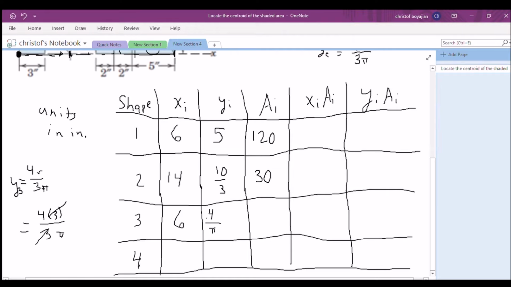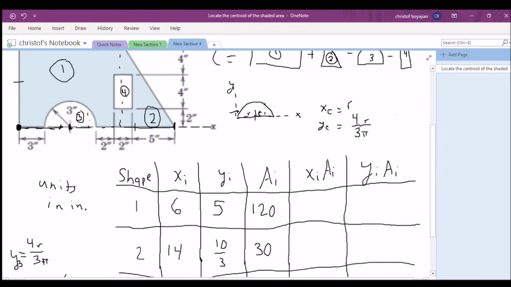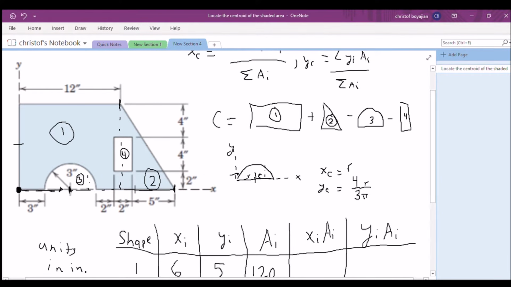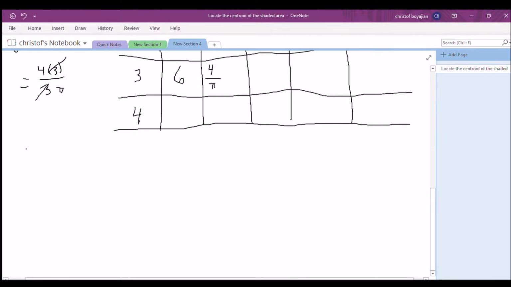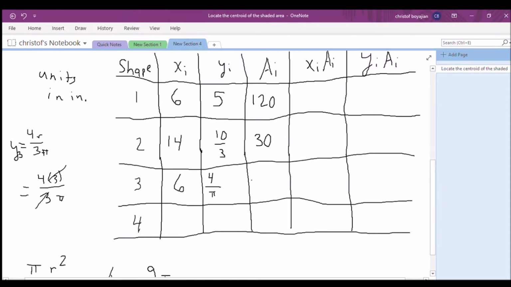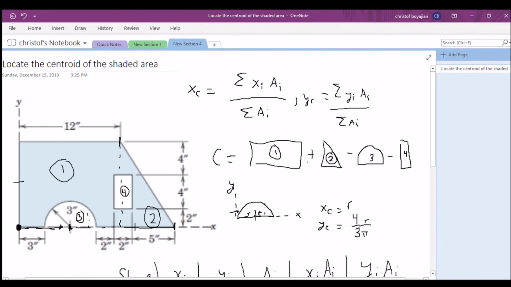All right. Now our area, the area of a semicircle, is half of that of an actual circle. So it's pi r squared divided by 2. Our radius is 3. So if we plug this in, it's going to be 9 pi over 2. That's going to be our area. Now remember, our area is going to be subtracted because this is not shaded in. It's in fact open.